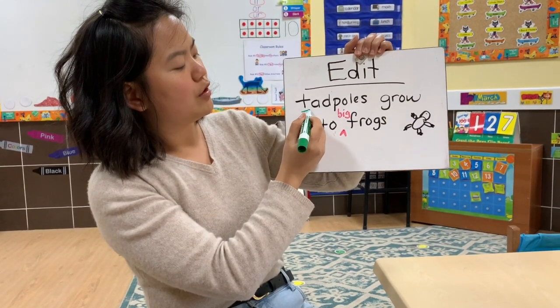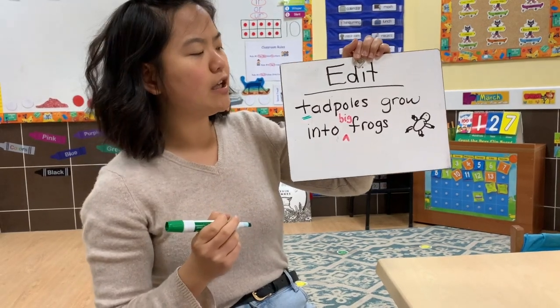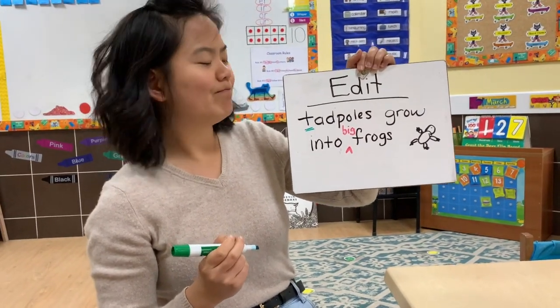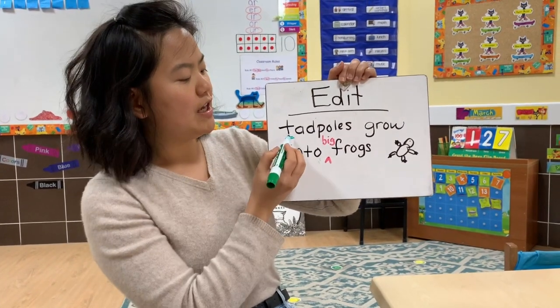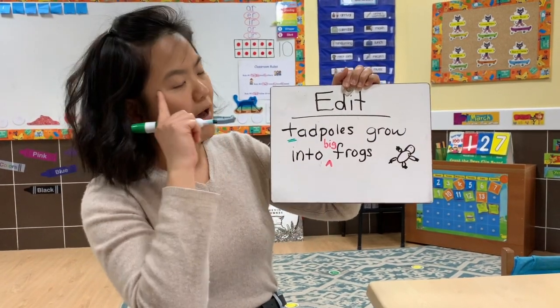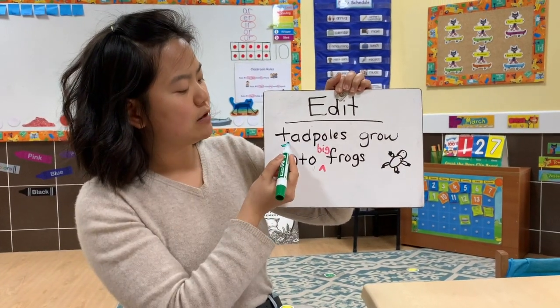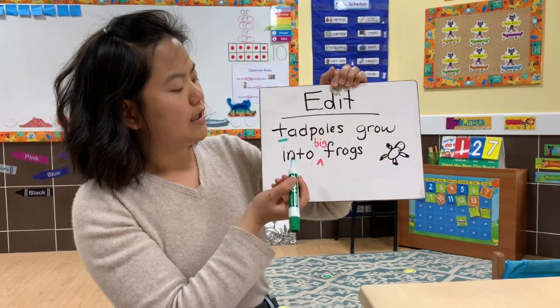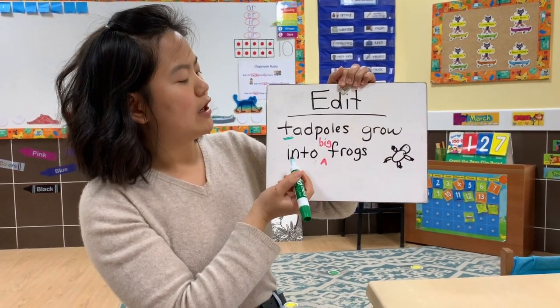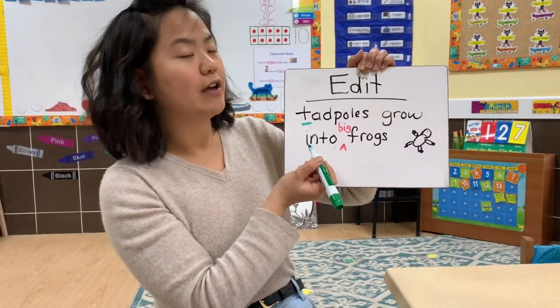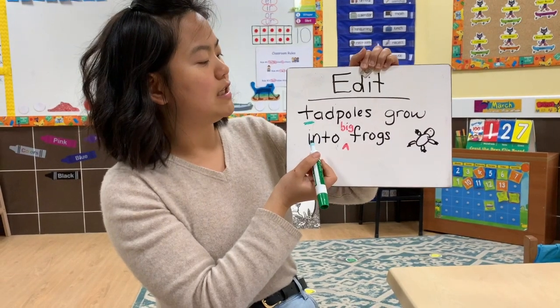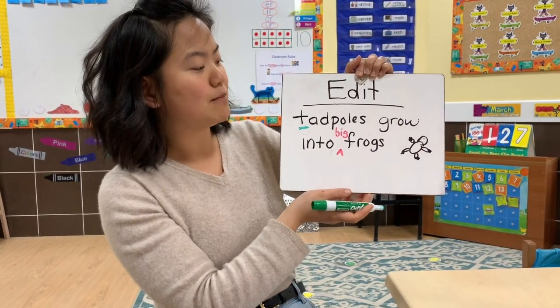Do we start with a lowercase letter in a sentence? We have to change it into an uppercase. So I need to remember to change this, so I underline it 2 times to make sure I change it to an uppercase or a capital letter T because it is the beginning of a sentence.